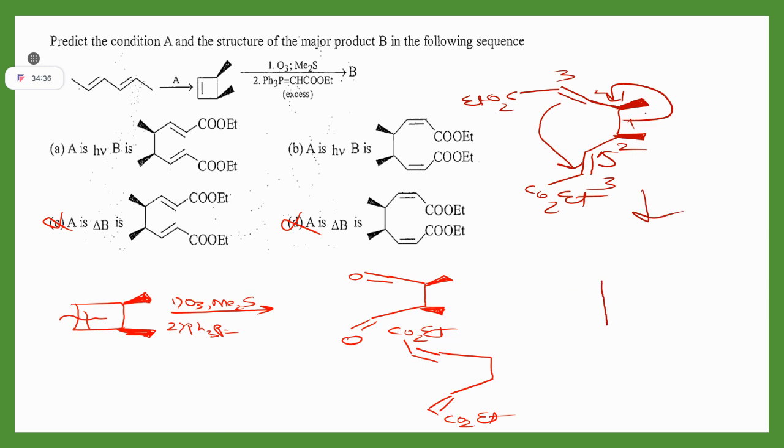So how many membered ring will form? No membered ring. It's just an open structure. Yes or no?